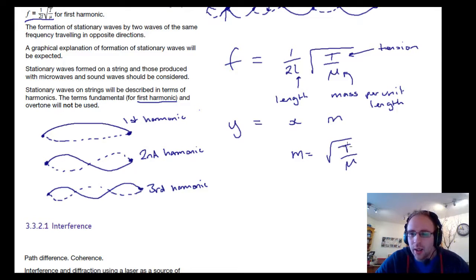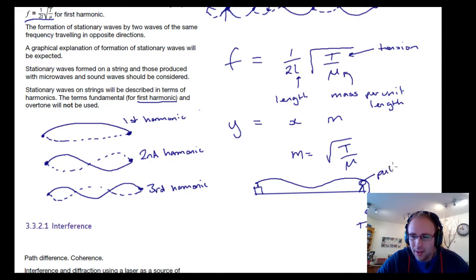and if you knew T, tension, because you've got a mass hanging off the end, so the setup would look like some kind of driver, and there's a mass hanging off the edge of a bench.